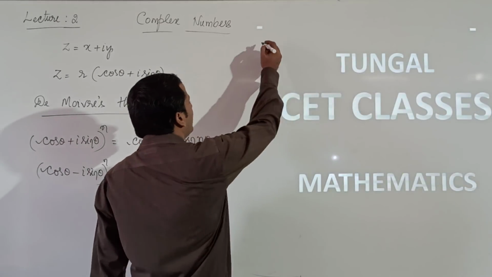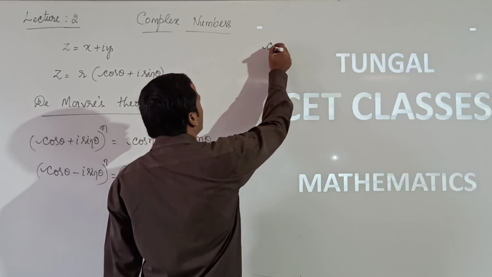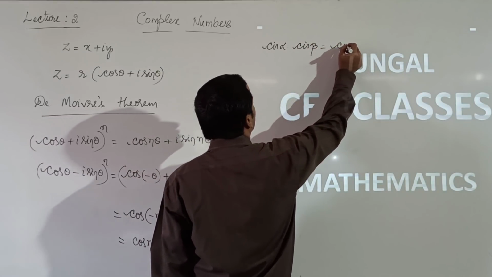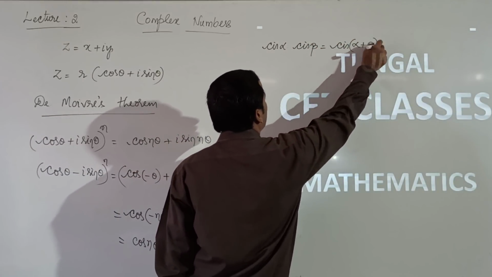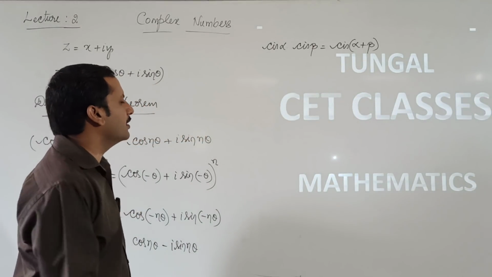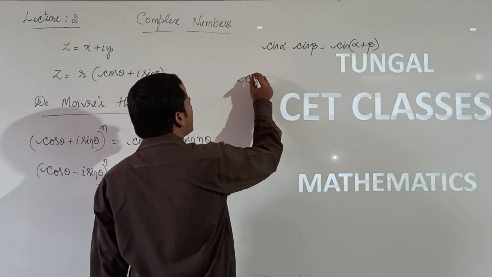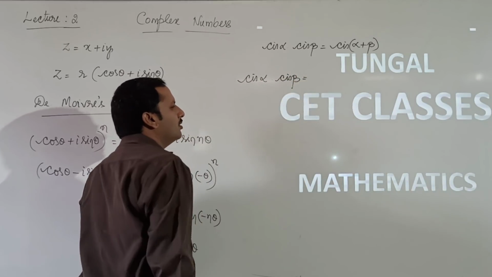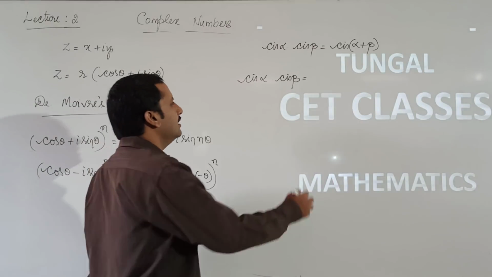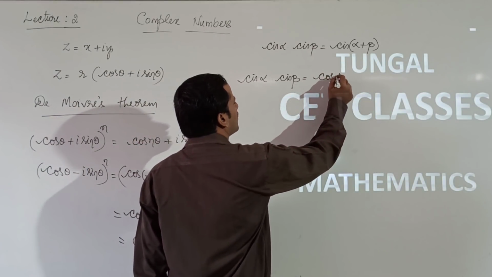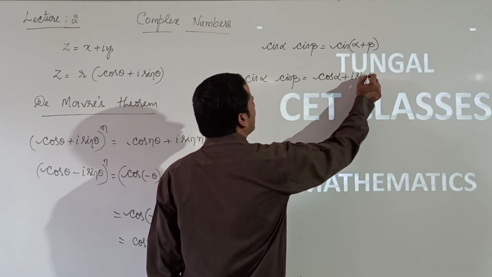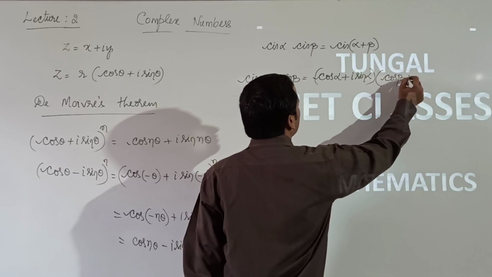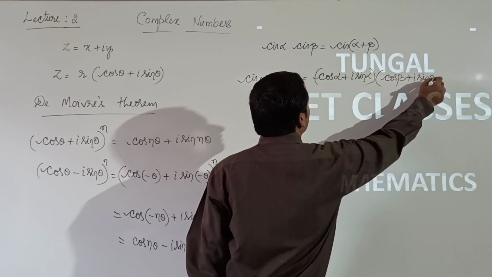Then we have another formula, that is cis alpha into cis beta is equal to cis of alpha plus beta. How is it? Let me explain. Cis alpha into cis beta. I have already told you cis theta is equal to cos theta plus i sin theta. So cis alpha is cos alpha plus i sin alpha into cis beta, which is cos beta plus i sin beta.